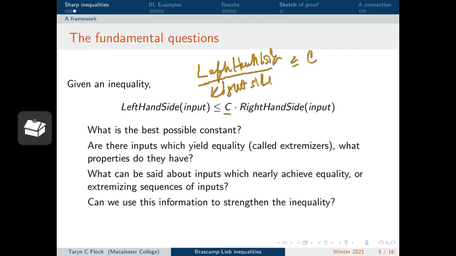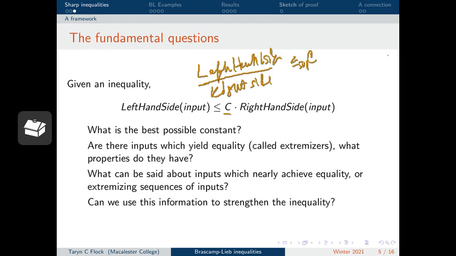So this constant is some maximum or supremum. If there isn't an extremizer, it's just a supremum, not a maximum. And we can ask about these sequences that must exist. Do they converge? Is there some compactness?